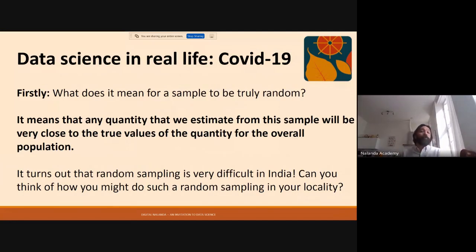In an election poll, you don't ask the entire country who they're going to vote for, because that's effectively running the whole election. You ask a small number of people. If a sample is truly random, then the quantity you estimate gets close. Exactly how close depends on the size of the sample, but it gets very close to the true value of the quantity. But it turns out that random sampling is very difficult in a country like India.